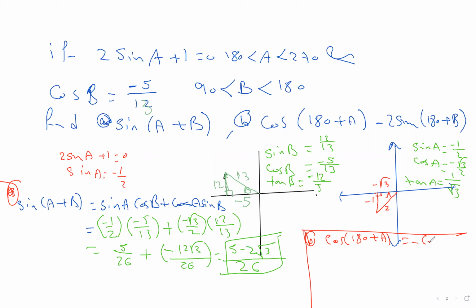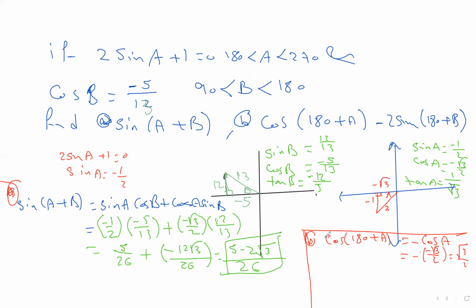So it will be negative cosine A. Where is cosine A? It is negative root 3 over 2. So it will be negative of negative root 3 over 2, which is positive root 3 over 2.